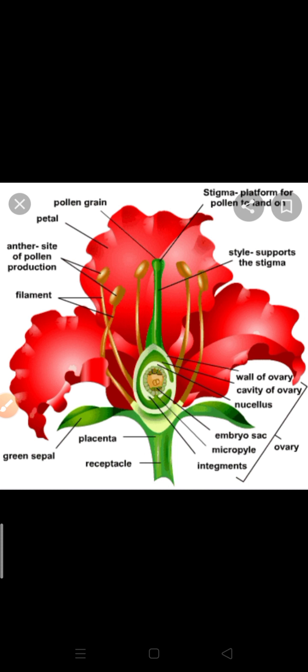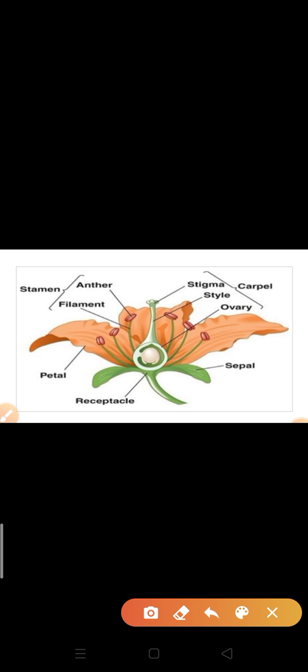The male organ of a flower is called the stamen. Clear? So the male part is known as the stamen. We can understand it in this picture very easily. The receptacle is the base of the flower. Sepals are the green part of a flower.